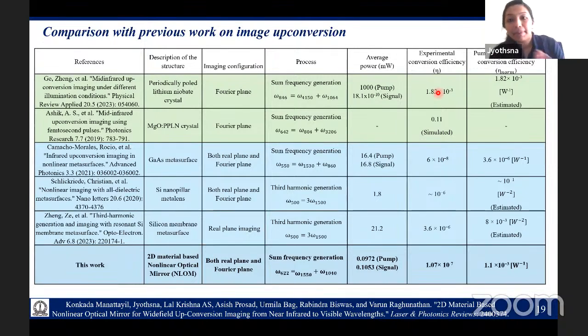But when we compare the pump power normalized conversion efficiency across the length, the conversion efficiency we obtained was almost similar. We also compared with the gallium arsenide metasurface, which I showed previously, which similarly used sum frequency generation. We were able to achieve much better conversion efficiency at much lower pump and signal powers.